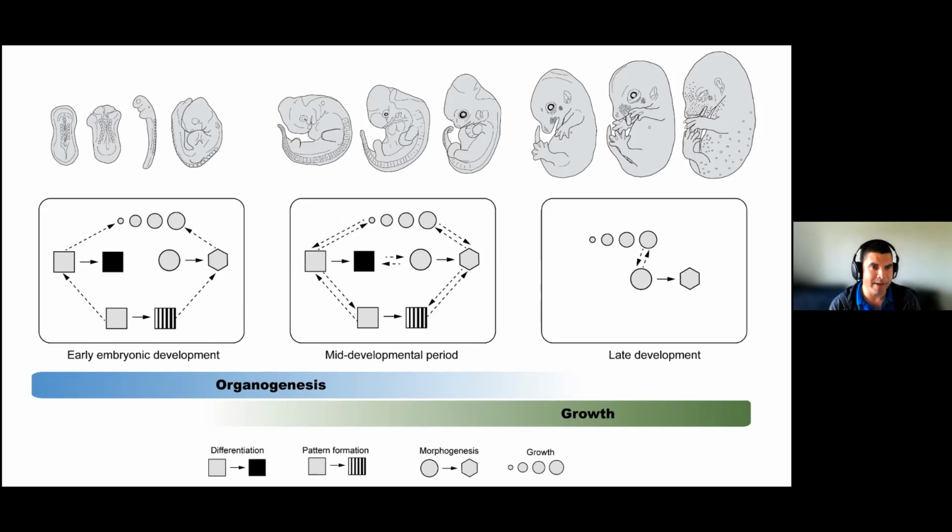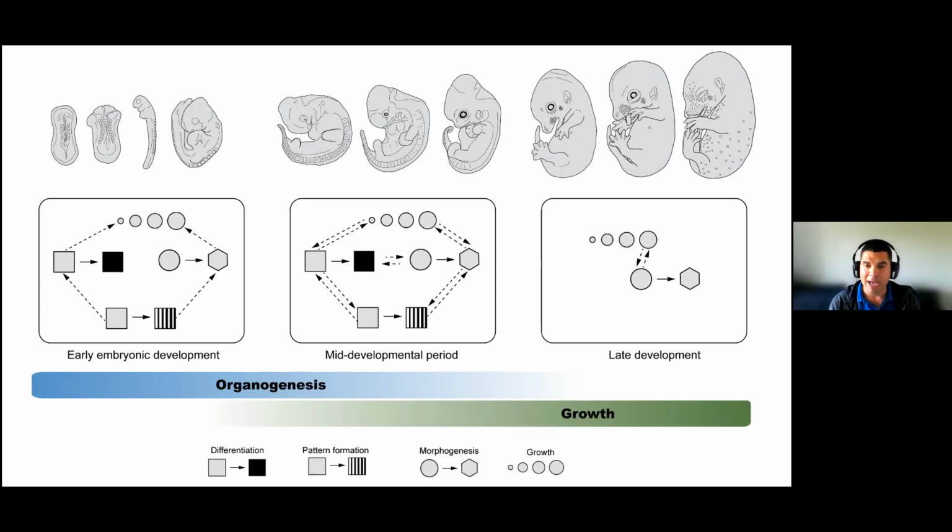So it's very dynamic. But what we find is that later on during that mid-developmental period, what's expected is that as organs begin to develop and differentiate, those inductive interactions also increase. And so this is what's been hypothesized to cause that high evolutionary conservation of the mid-developmental period. And then lastly, later in development, it's basically dominated by growth processes, as well as a bit of morphogenesis.